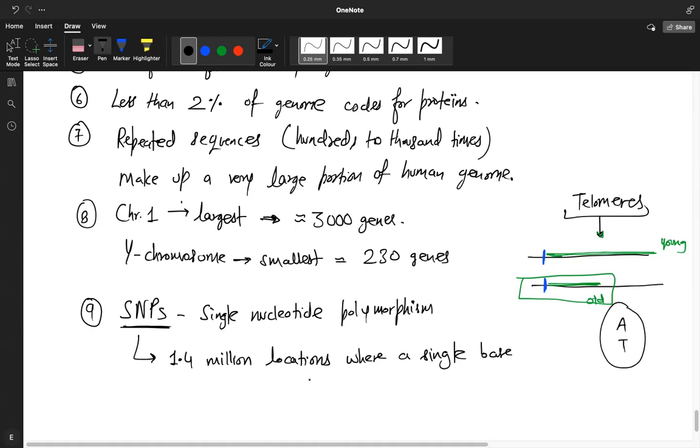So at 1.4 million locations, single base DNA differences are there. Understood, everyone? That is called SNPs. SNPs are very important and a handy tool to do DNA fingerprinting. These DNA differences occur in humans.